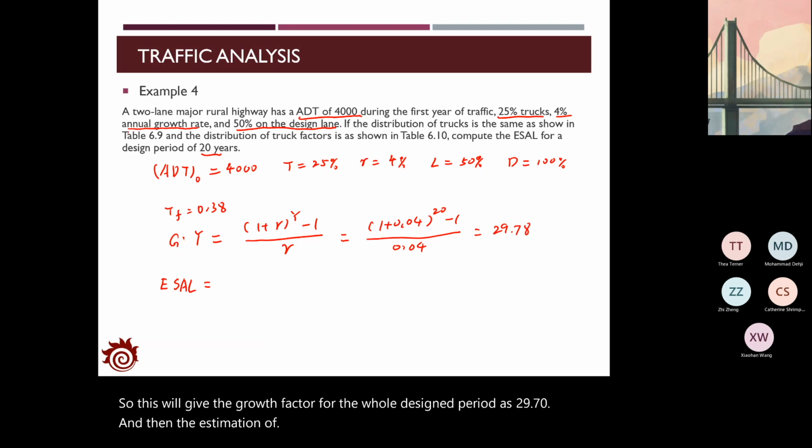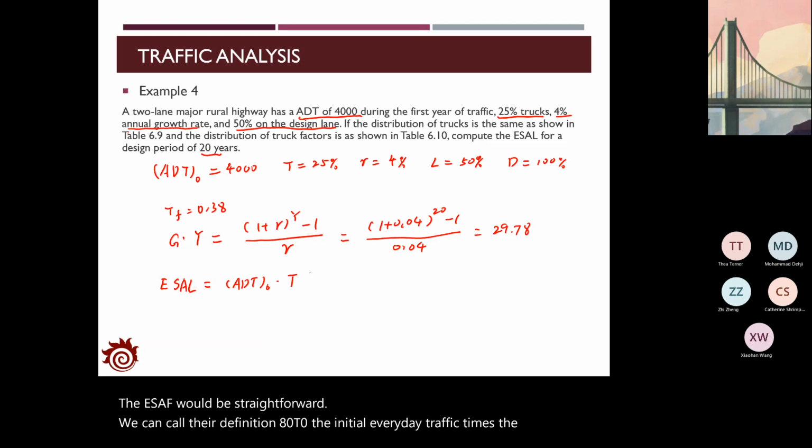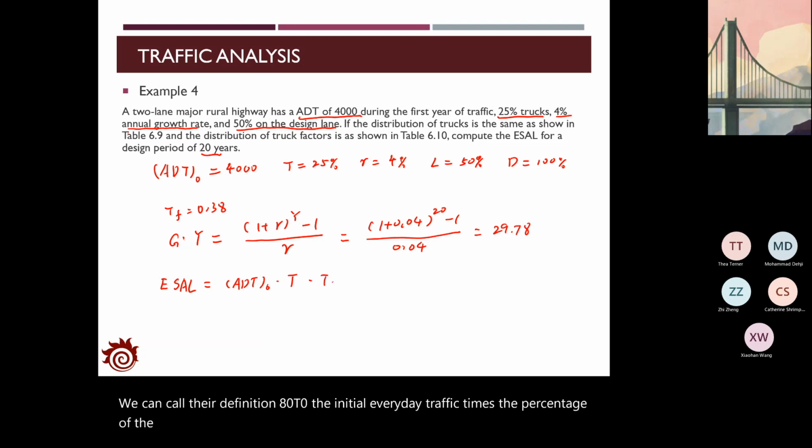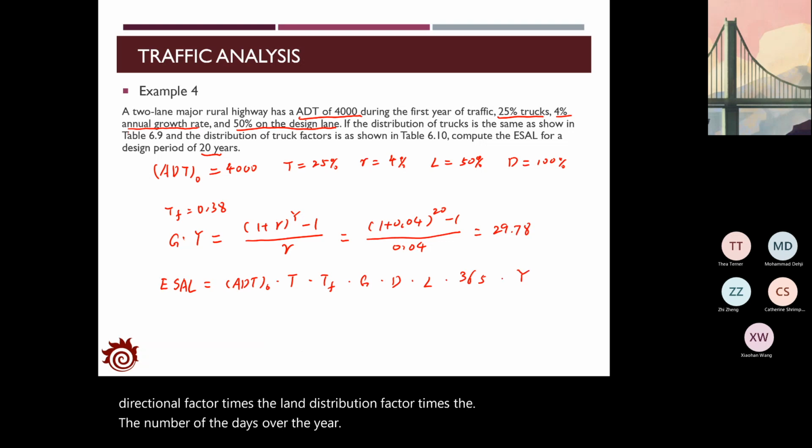And then the estimation of the ESAL would be straightforward. We can call their definition: ADT0, the initial average daily traffic, times the percentage of trucks, times the truck factor, times the growth factor, times the directional factor, times the lane distribution factor, times the number of days over the year, times Y. Here you can see that we calculate the G times Y, so we can put G and Y together.